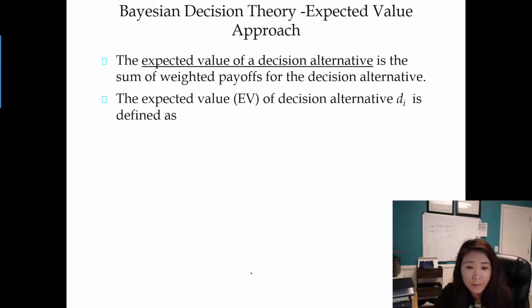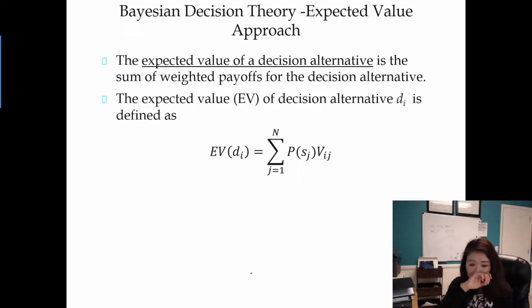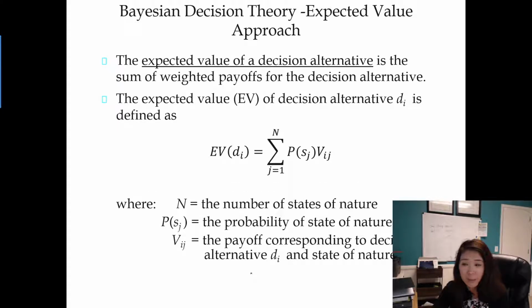The expected value is calculated using the following formula. Basically, you are using the probability. P is the probability for the state of nature, and V is the payoff. Take decision alternative 1, and look at the possible payoffs under the different states of nature.